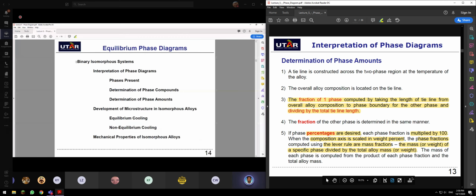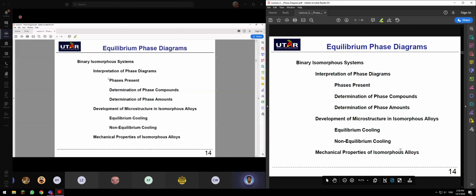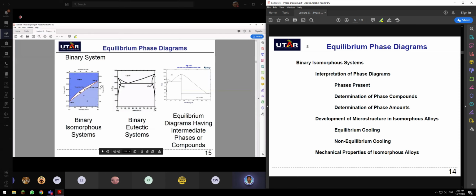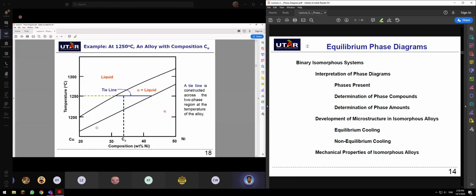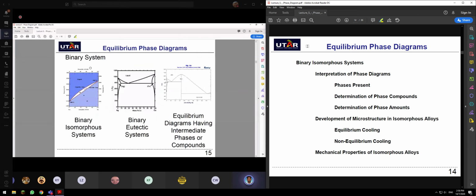This is the map for this topic 5. We are somewhere around here. For binary systems, we have a few types of equilibrium phase diagram.